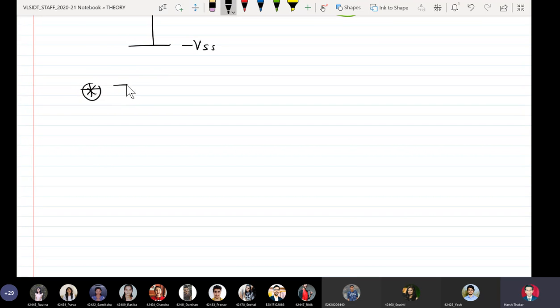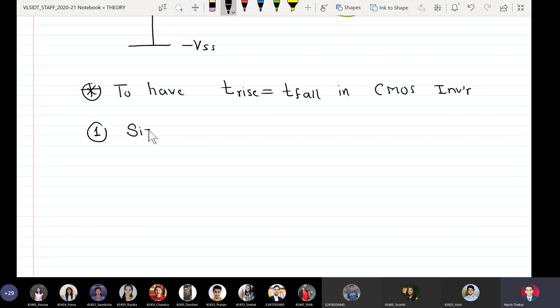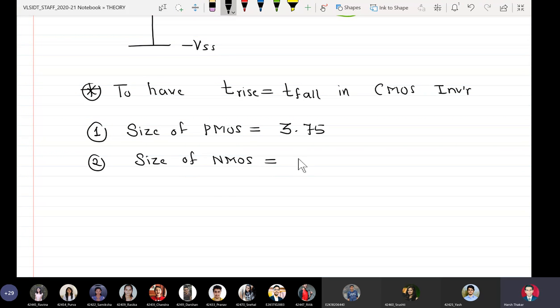This is the summary. To have rise time equal to fall time in a CMOS inverter, first, size of PMOS is equal to 3.75. Second fact is size of NMOS is equal to 1.5.